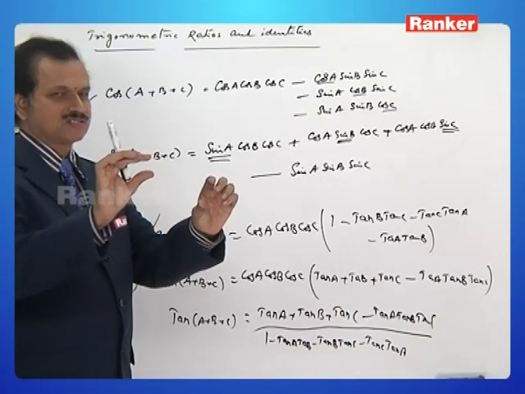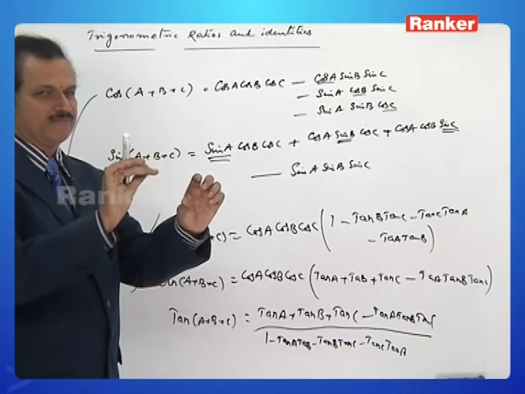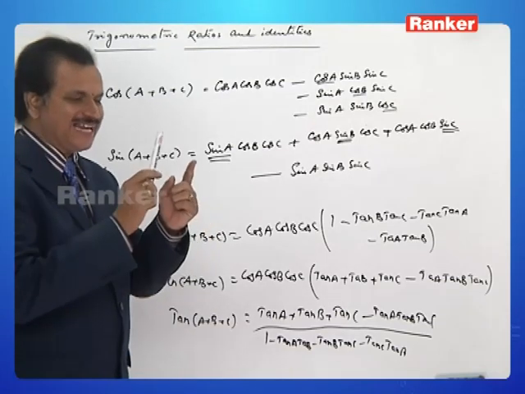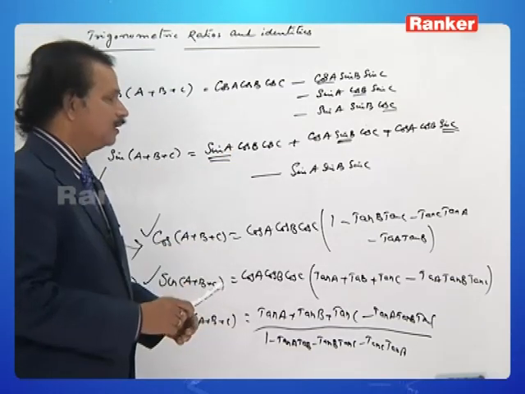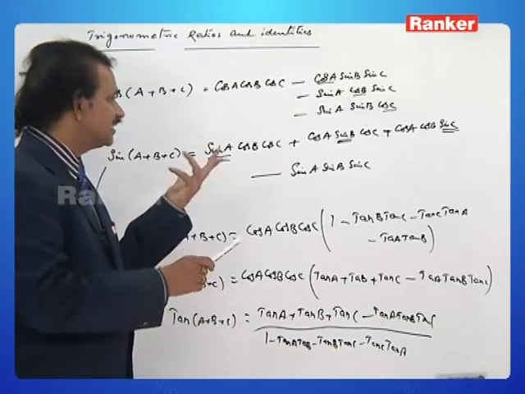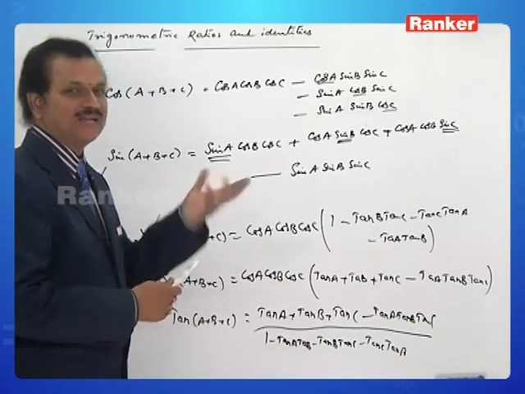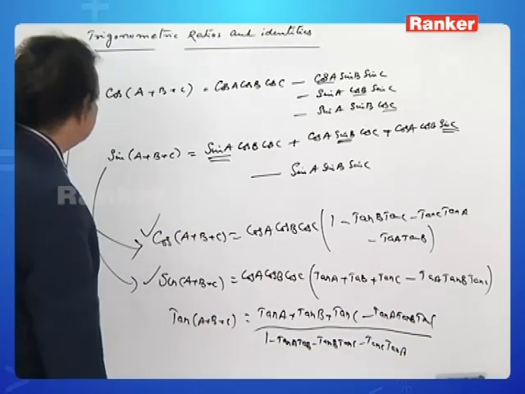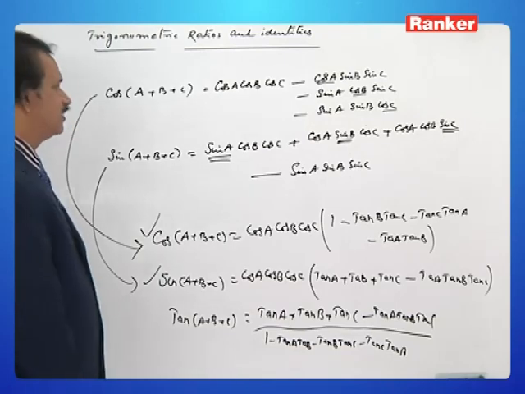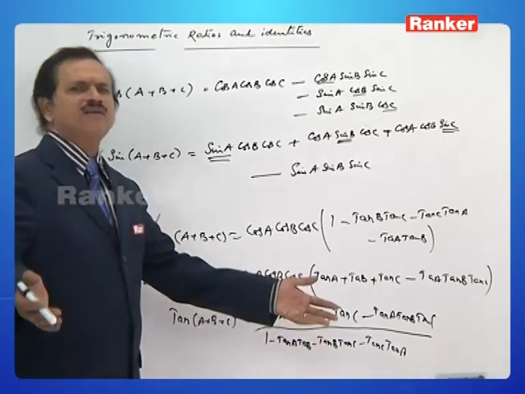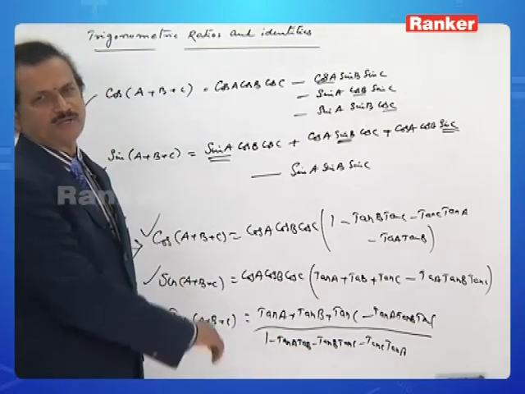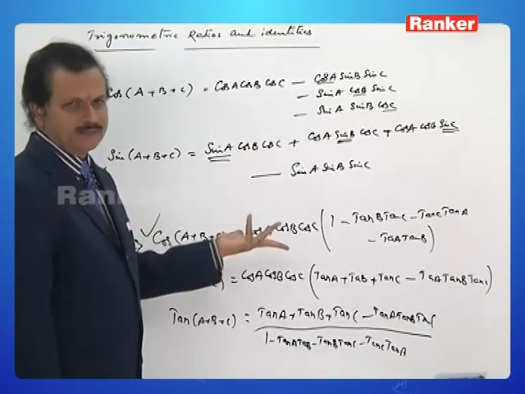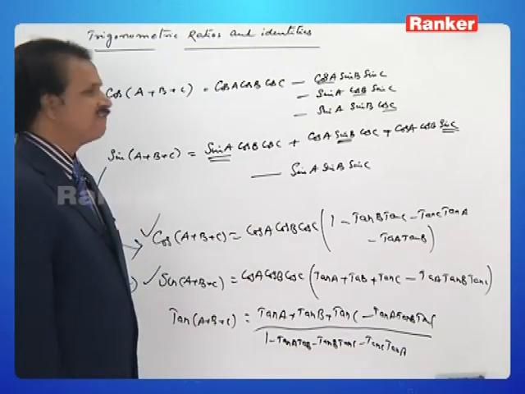Three products of taking three at a time: sin A cos B cos C, sin B cos C cos A, sin C cos A cos B, minus all of them sin A sin B sin C. Whereas cos of A plus B plus C contains all cosine functions in the beginning itself, that is cos A cos B cos C minus sigma cos A sin B sin C. What will be the next term?